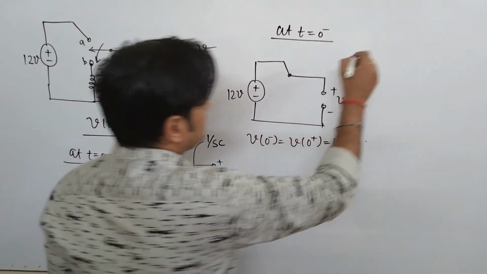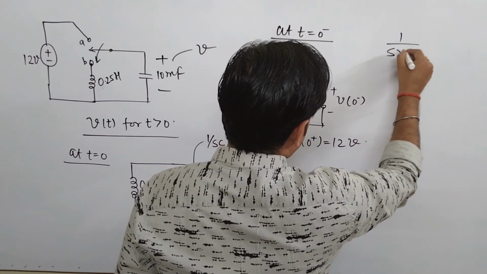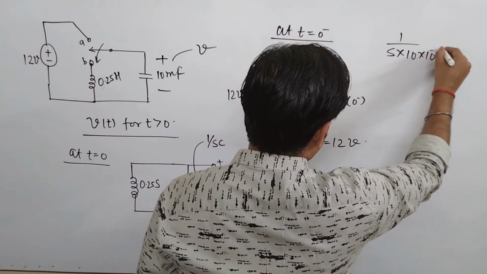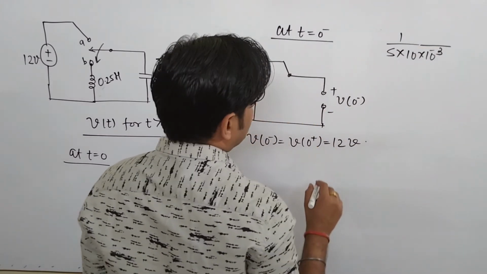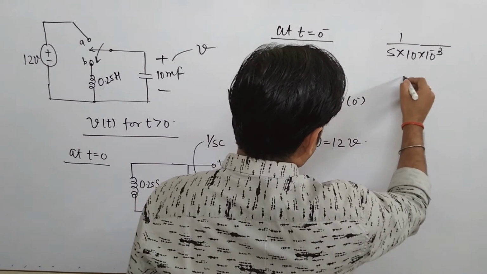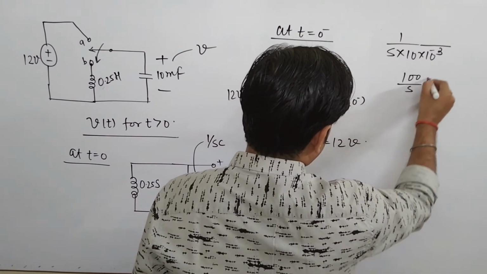So how much is it? 1 by S into the value of C, which is 10 into 10 to the power minus 3 in millifarad, so it goes up, so that comes to be 100 by S.